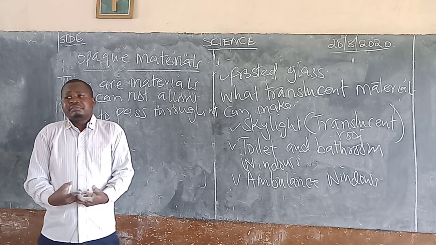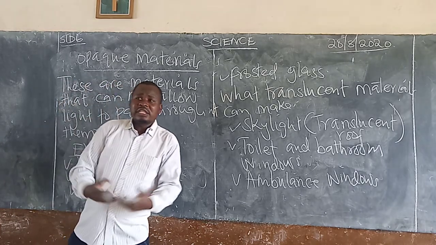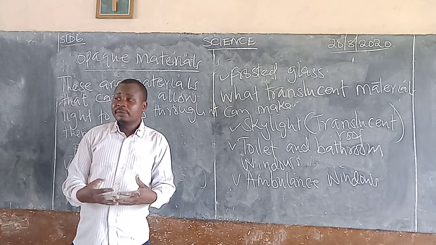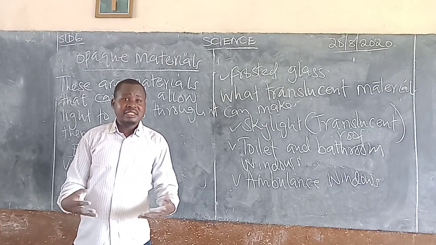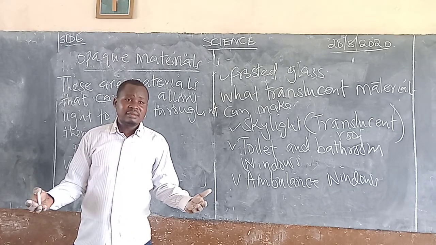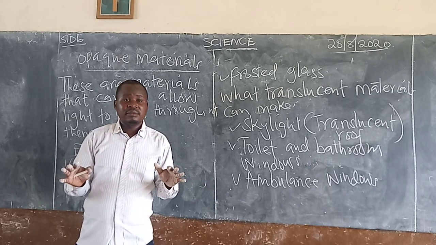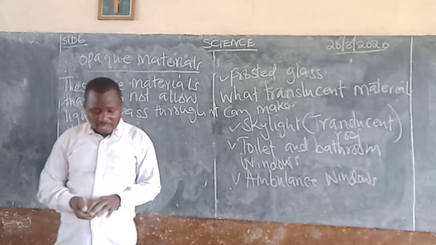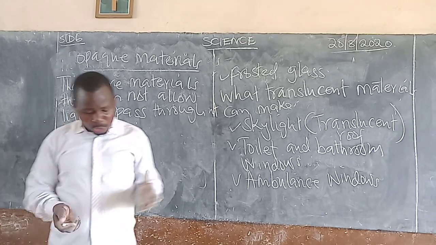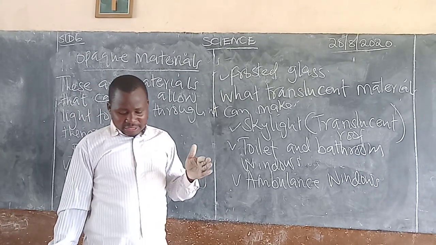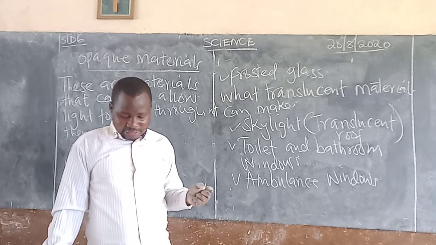For example, look at our house. It is opaque, which means somebody cannot penetrate through the wall easily. So our things are safe while we are away.